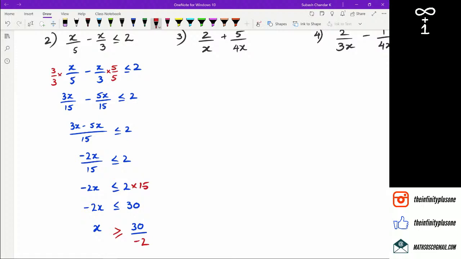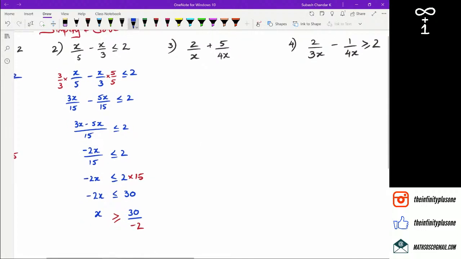The only time you ever need to change that symbol is when you divide by a negative number. Apart from that, you pretty much treat the symbol just like equals, but only when you divide by a negative number do you have to change it. So our answer in this case is x is greater than or equal to 30 divided by negative 2, which is negative 15.